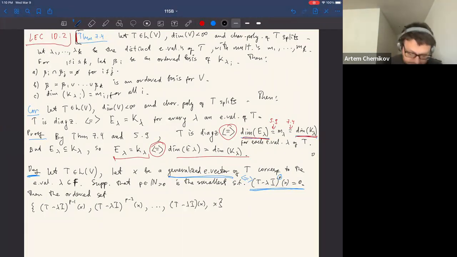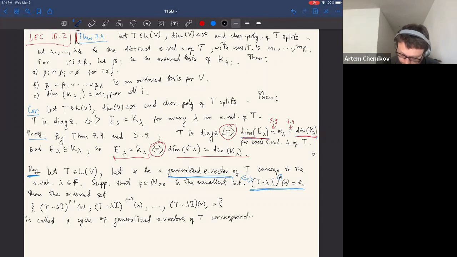So this ordered set is called a cycle of generalized eigenvectors of T corresponding to λ. Okay, a cycle of generalized eigenvectors of T corresponding to λ. And we take it in this order.